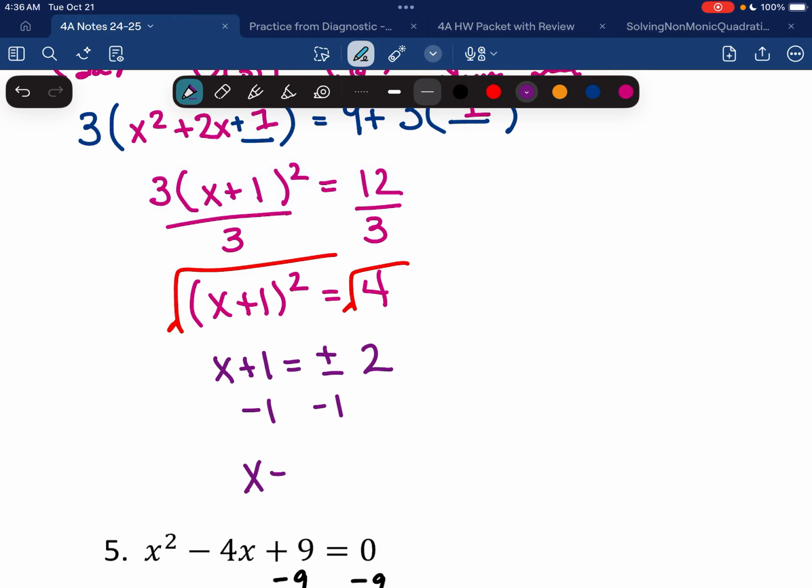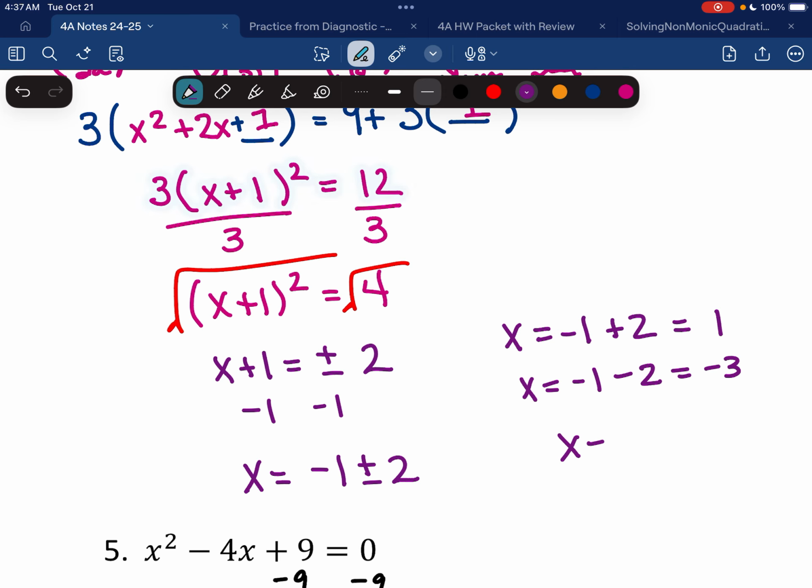I'm going to get x equals negative 1 plus or minus 2. So x would equal negative 1 plus 2, which equals 1. And x equals negative 1 minus 2, which equals negative 3. So my two answers are 1 and negative 3.